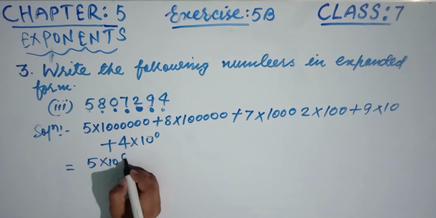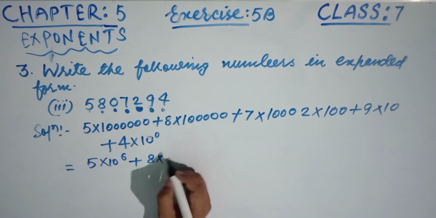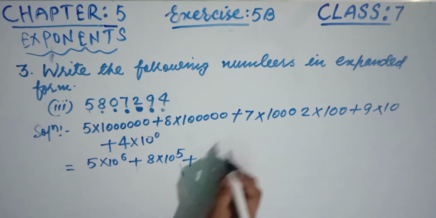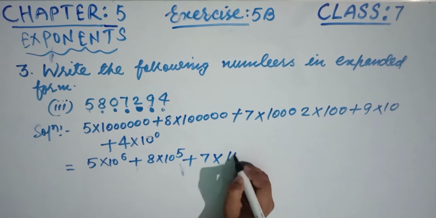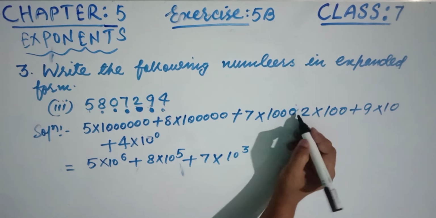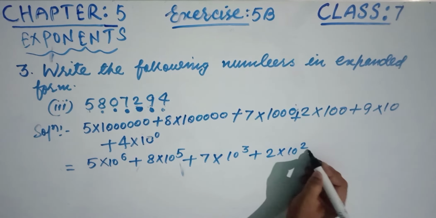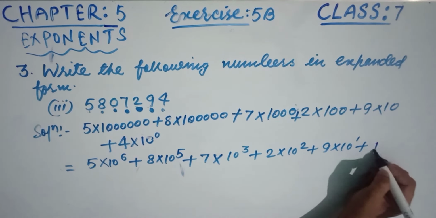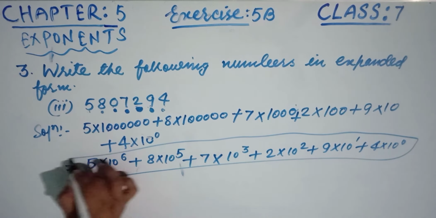So 10 raised to power 6, plus this is 8 multiplied by 1 2 3 4 5, 10 raised to power 5 friends, plus 7 multiplied by this is 3 zeros, 10 raised to power 3, plus 2 multiplied by 10 raised to power 2, plus 9 multiplied by 10 raised to power 1, and plus this is 4 multiplied by 10 raised to power 0. So this is the expanded form friends in terms of exponents.